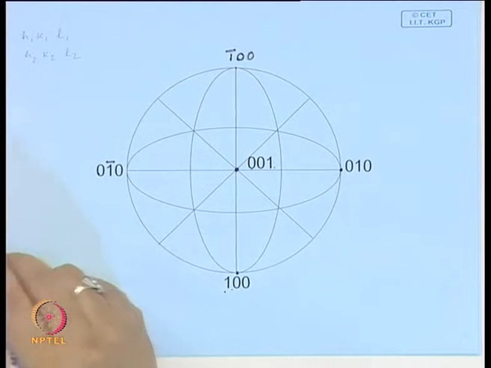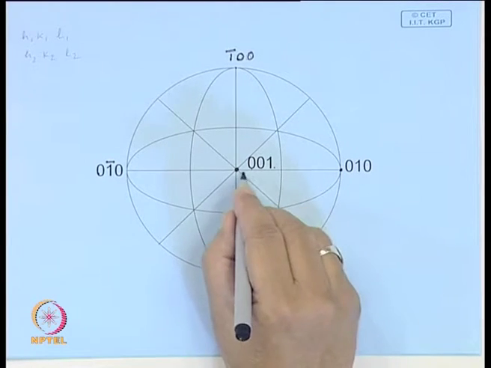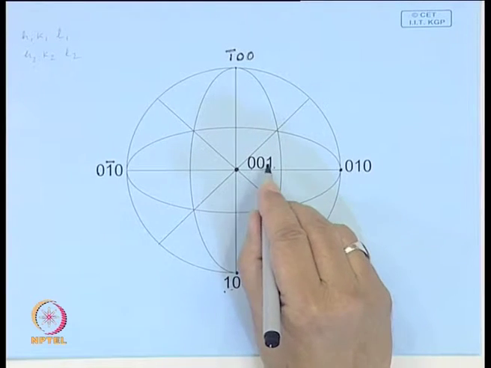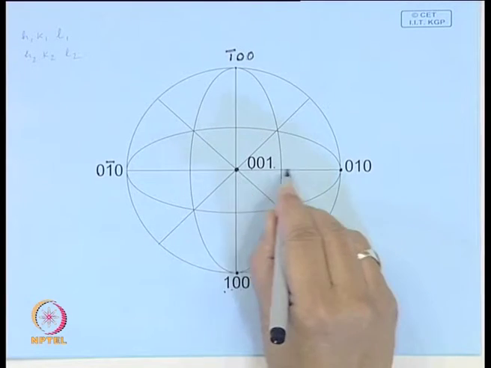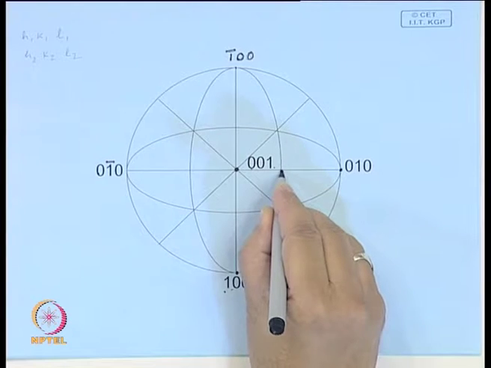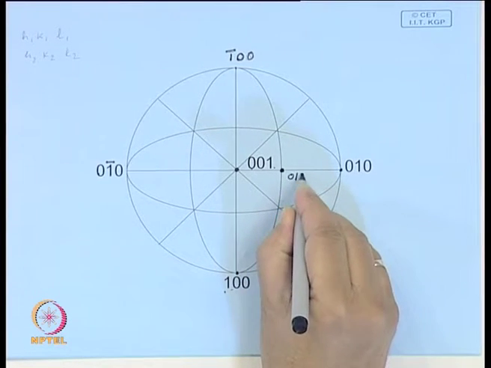We have shown a little while ago on the reference sphere how to locate the pole 0 1 1. So, 0 1 1 will be located between these two poles on this equator. This is 0 1 1.